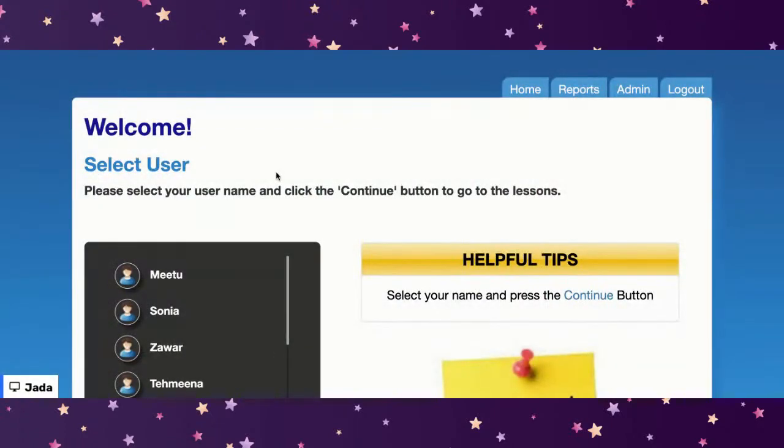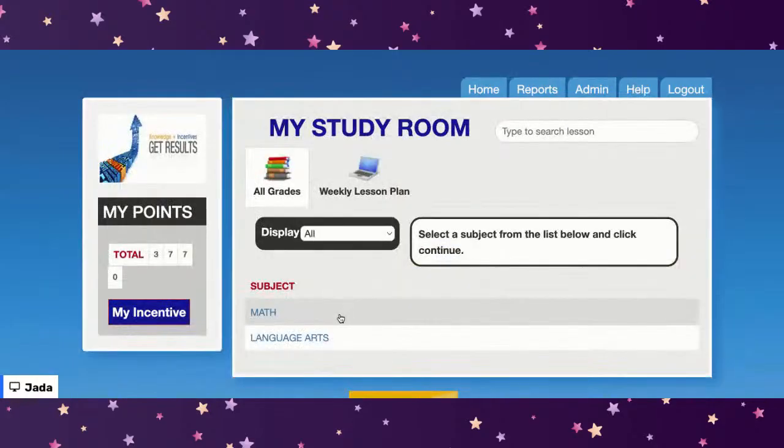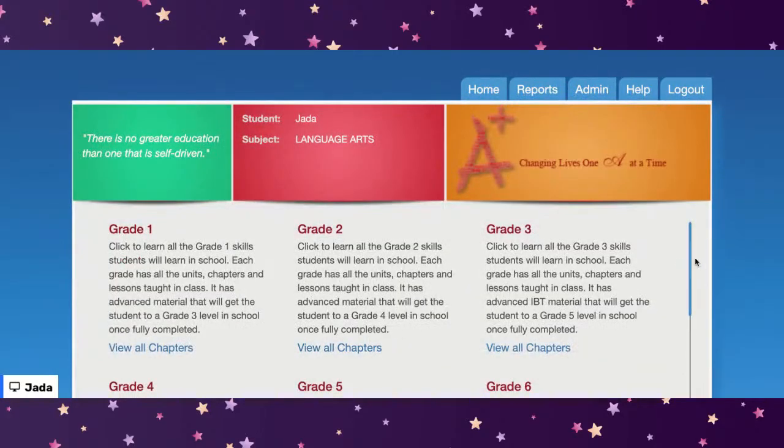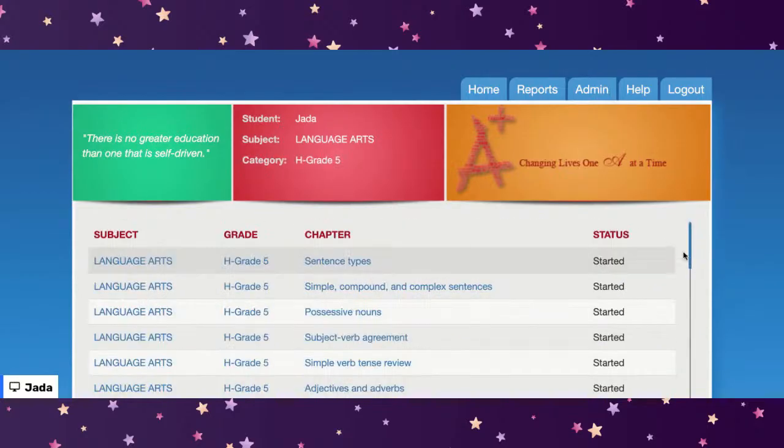Okay, so first you log in using aplusstudent.com. After logging in, you click on your name here, then language arts, and grade 5, prefix and suffix.